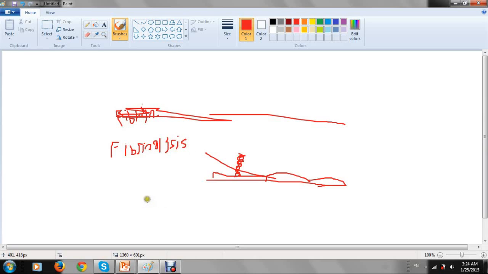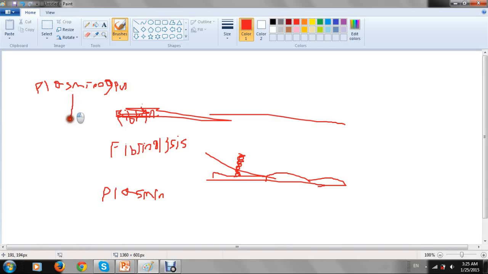Fibrinolysis is mediated by plasmin. Basically, in our blood we have a molecule called plasminogen, which is an inactive form of plasmin.